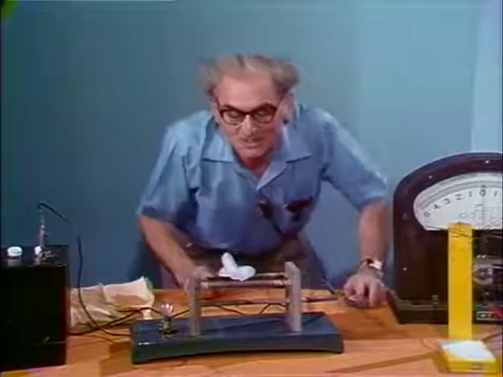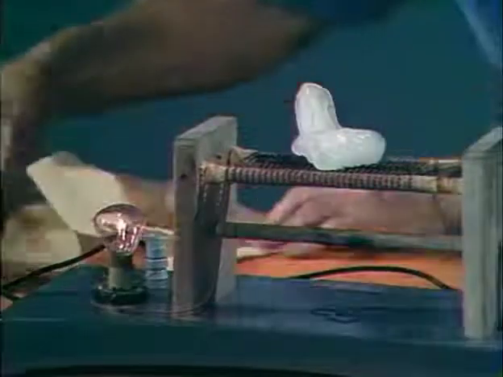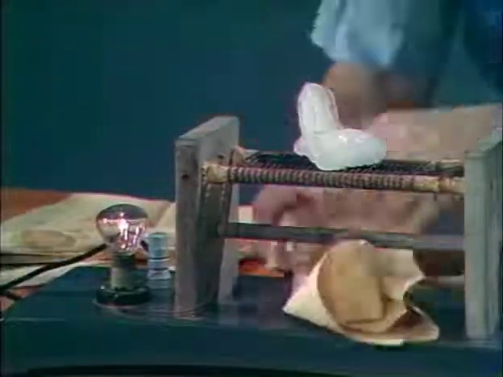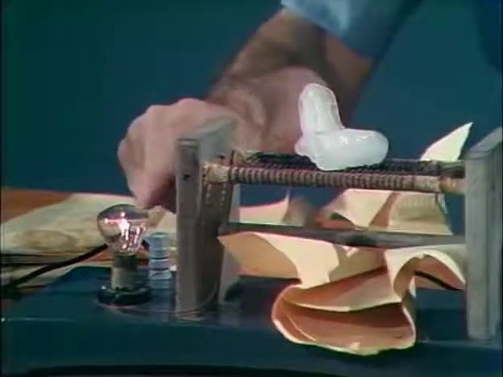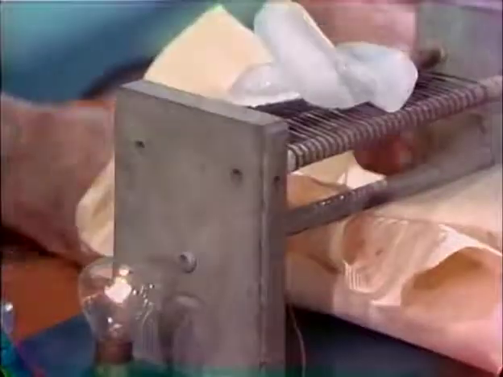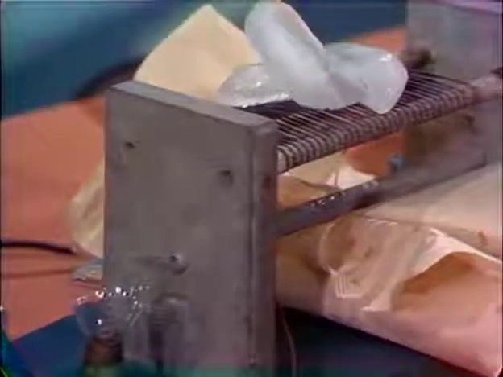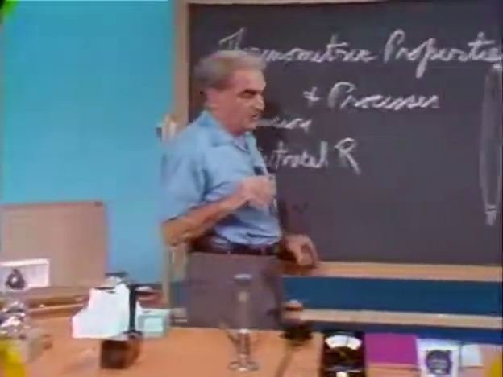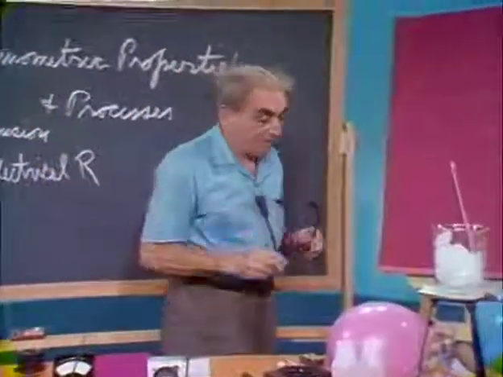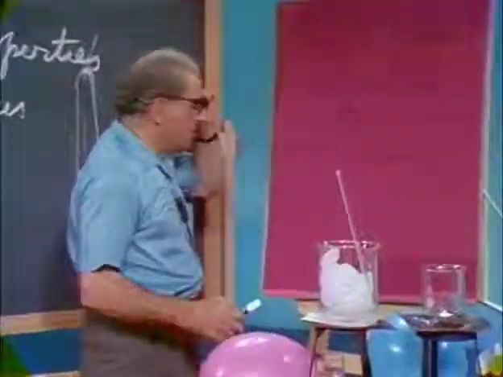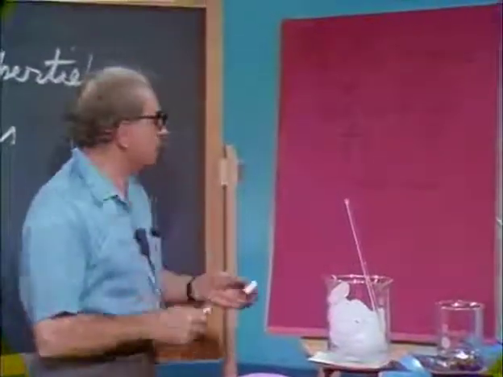Oh, notice, of course, the ice is being melted by that hot wire. Notice now how brightly the lamp burns, meaning that the resistance of a conductor increases with rise in temperature. A very interesting thing, very interesting for you to pursue.